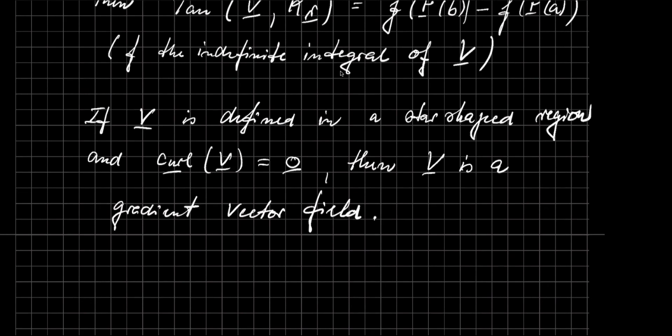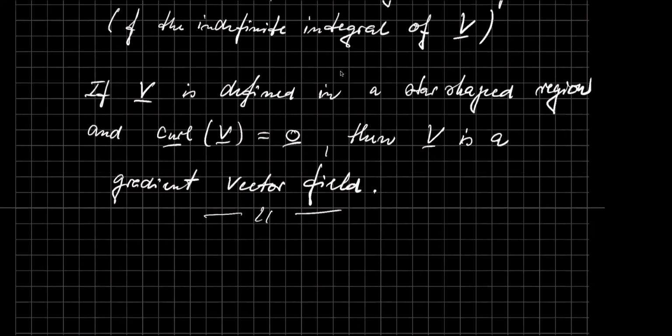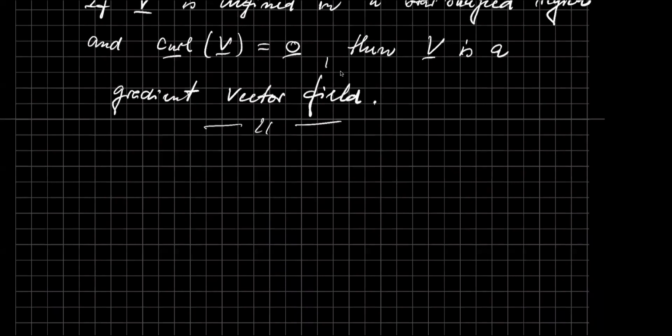Then, if the curl of V is 0, V is a gradient vector field. So this is the first example that I would like to show today, say the first integral theorem.